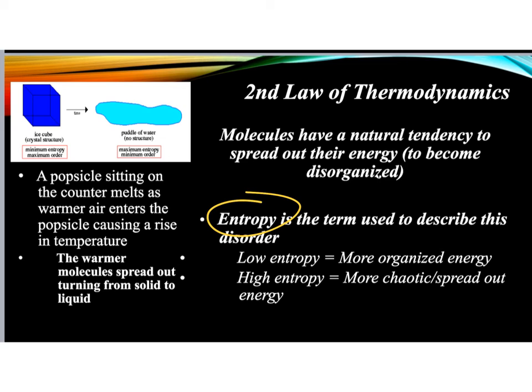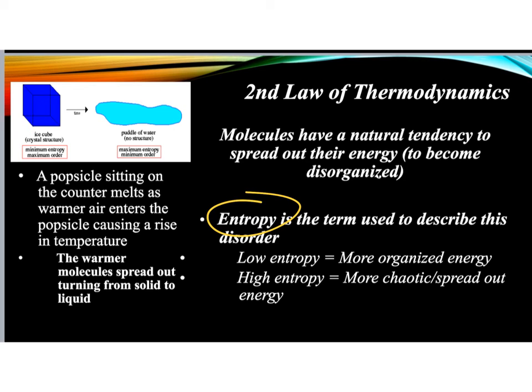So if I take an ice cube out of the freezer and I put an ice cube on my desk, well, over time, the molecules in an ice cube become more spread apart. There's not as much structure. Ice starts to melt. It forms a puddle of water. Okay? In order to make this or keep this ice cube an ice cube, I have to put in a lot of energy.